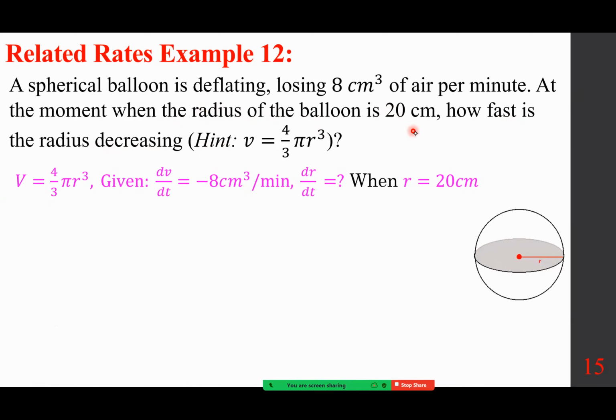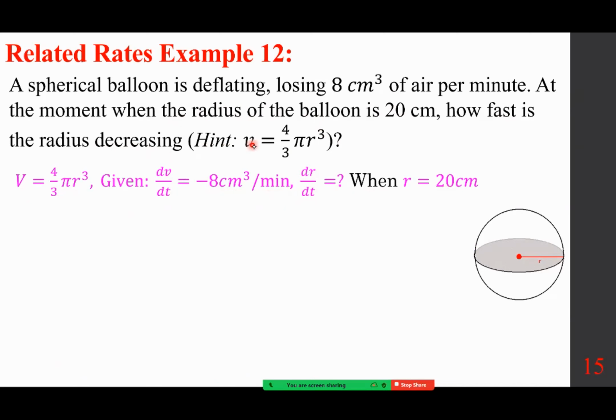So here's the translation. Volume is 4/3 pi r cubed. That's a piece of information from geometry. Given dV/dt is -8 cubic centimeters per minute, we want to find dr/dt when r is 20 centimeters. So let's differentiate this.